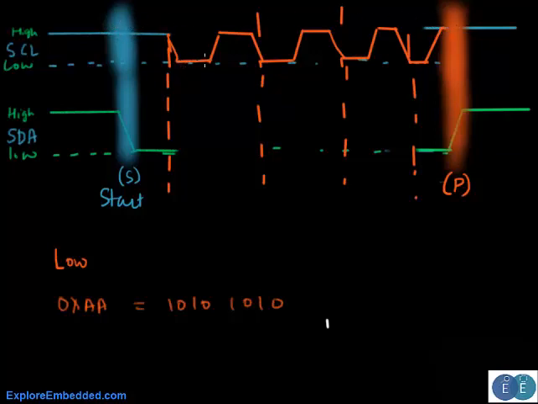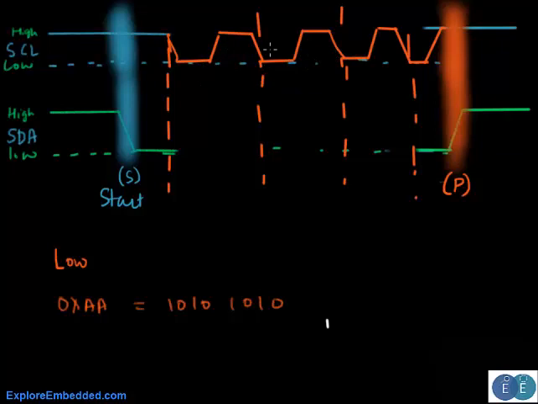So all the data transitions should happen only when the clock is low, so that the receiving device could sample its pin when the clock is high. So when the clock is high, the data would be stable when we have transitions only on low clock pulse.